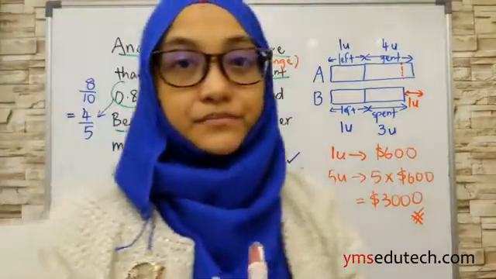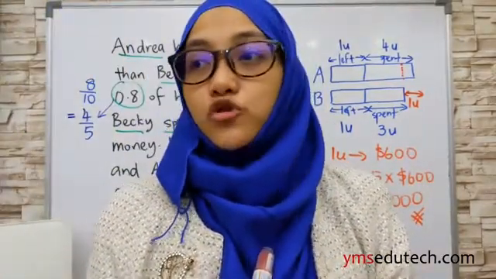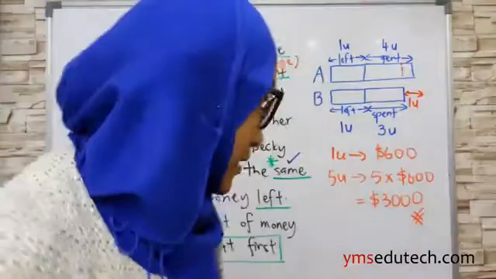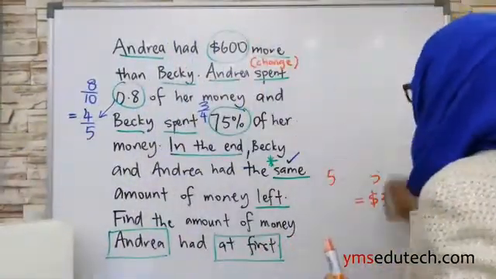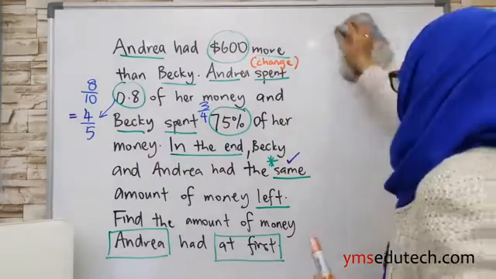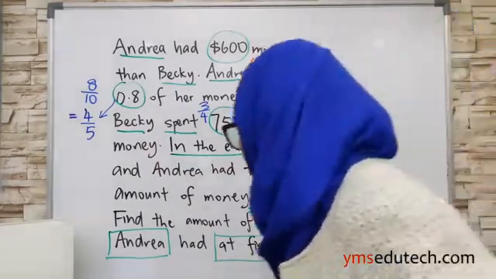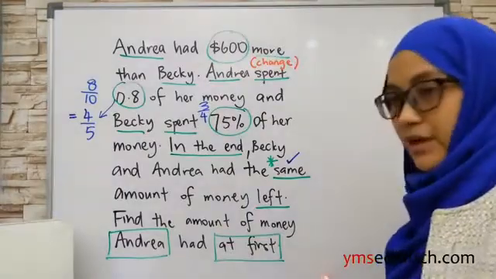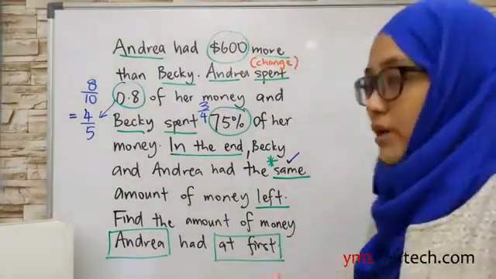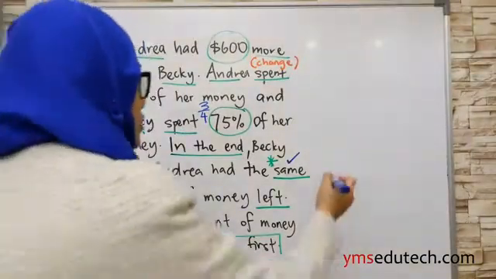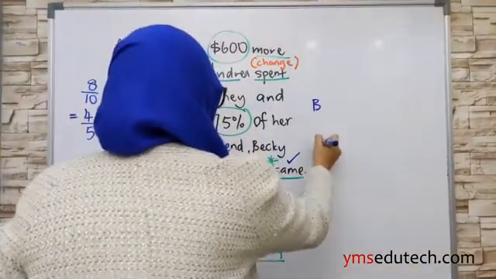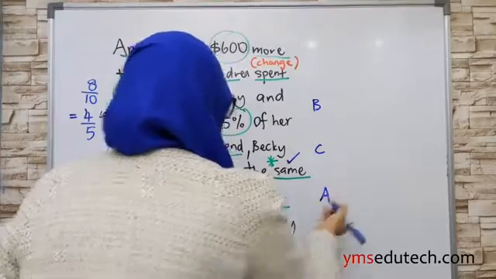All right? Now I'm going to show you how to solve using the unitary method. Ready? By using the unitary method, I mentioned that there was a change involved. So for the unitary method, we need to write down a table: before, change, after.